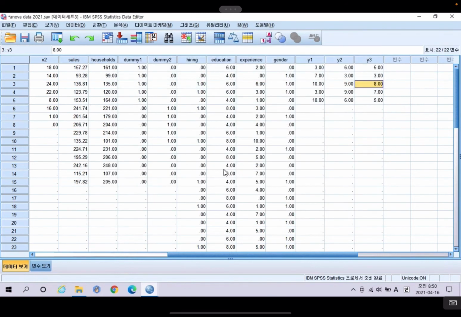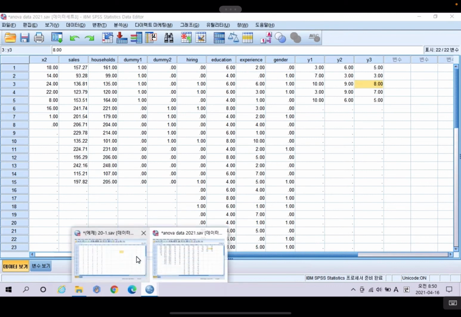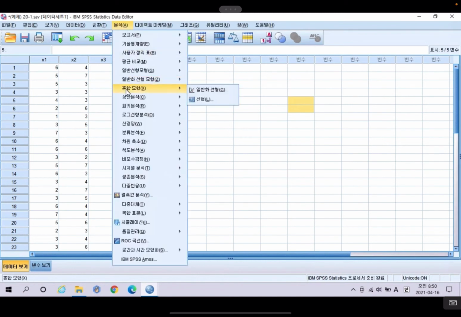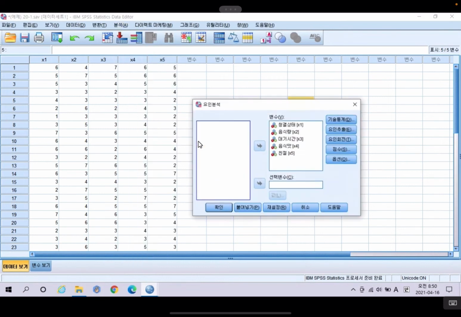Now let's do another example here. Now let me use new data. Here I have five variables, right? So if you want to do the exploratory factor analysis, you go to the analysis and you go to dimension reduction and you go to the factor analysis, right?